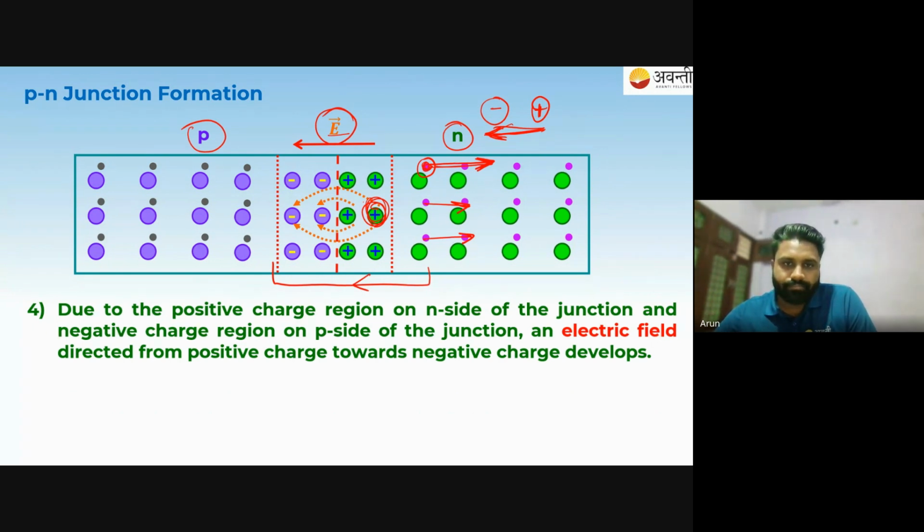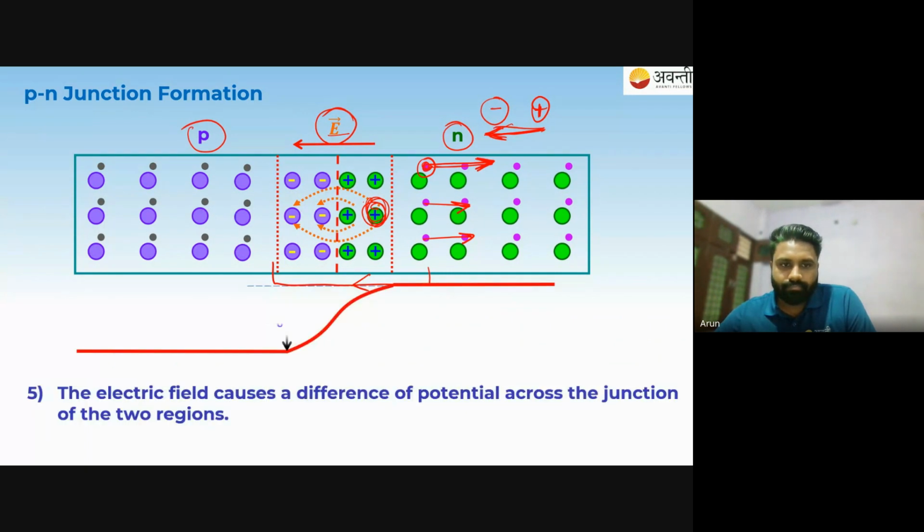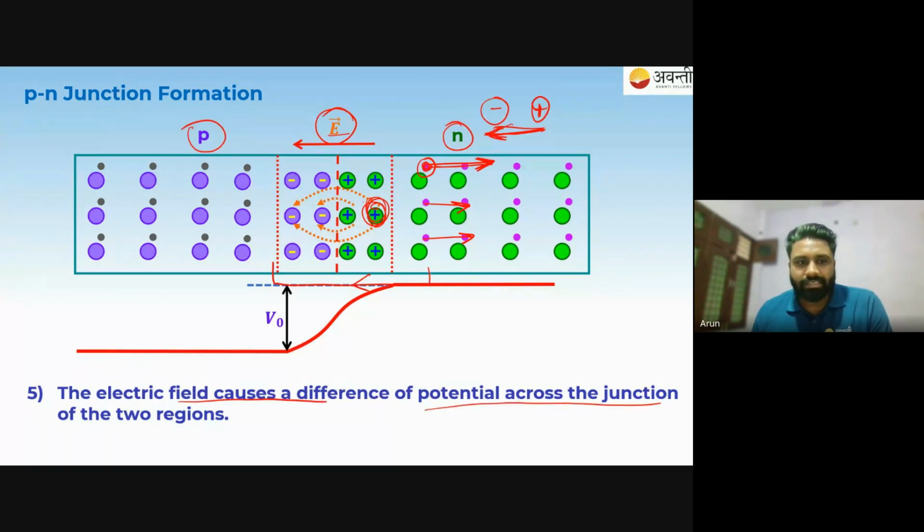Now, this electric field causes a difference of potential across the junction of the two regions. So from this region to this region, you have a potential difference, which is V naught.